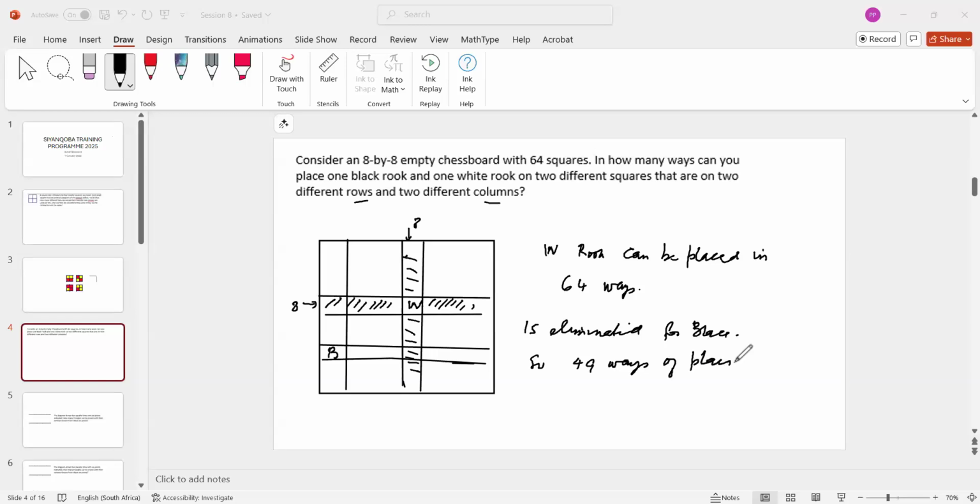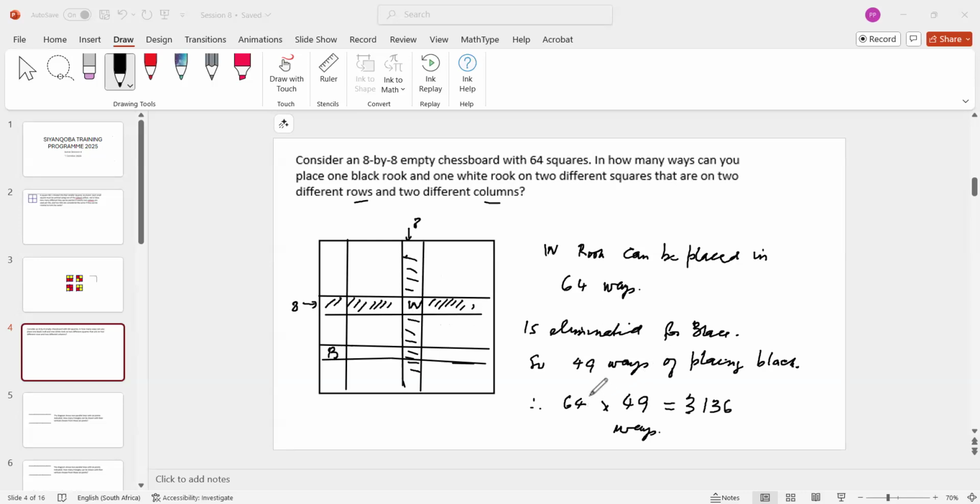So once the white square is placed, there are 49 ways of placing the black, and therefore, according to what we said earlier on, for each choice of the white, there are 49 ways of placing the black, right? So there are 64 ways of doing the first one. So therefore, there are 64 times 49, and that works out to be 3,136 ways of placing the black and the white together.